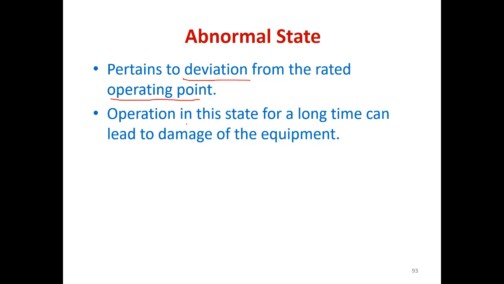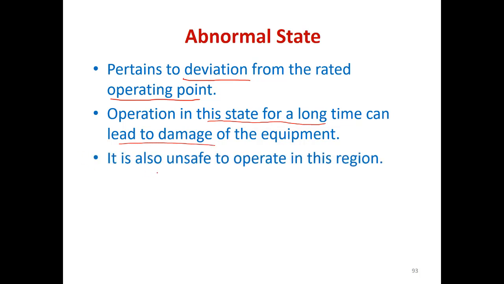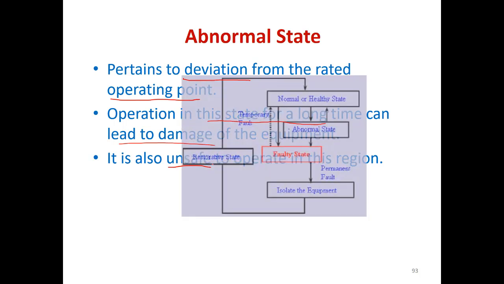Operation in this state for a long time is not very good, as it leads to damage of the equipment. It is also unsafe to operate in this region, because sometimes it leads to a fault in the system and damage of the equipment.